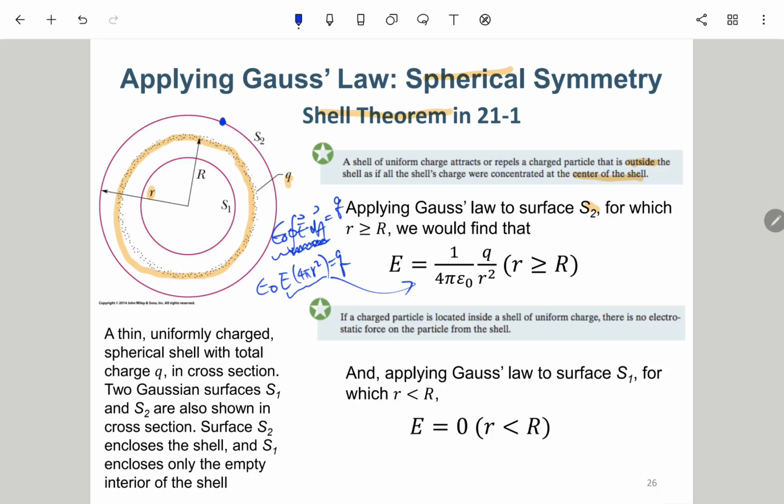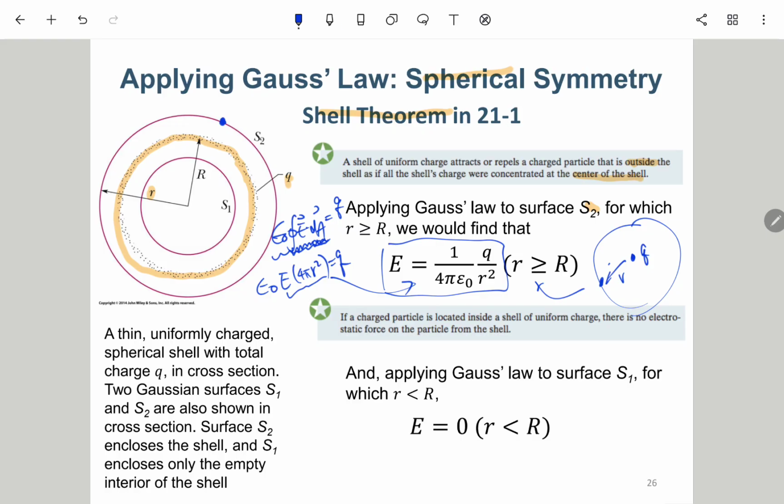It turns out to be as if we just put all the charge in the center. So the E field here is actually the same expression.